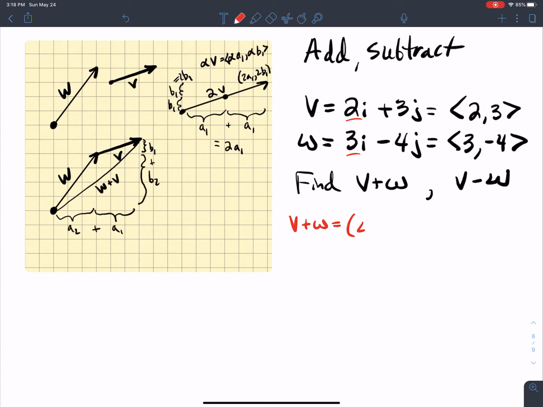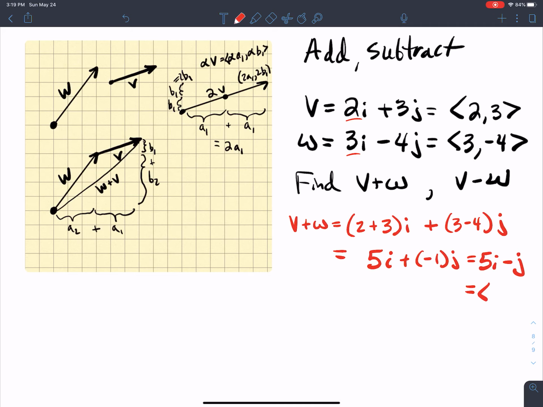This is equal to (2 plus 3) i, and then plus (3 minus 4) j. What is that equal to? That's 5i, and then plus a negative 1j, so that gives me 5i minus j. If you want, you can convert this to (5, negative 1).